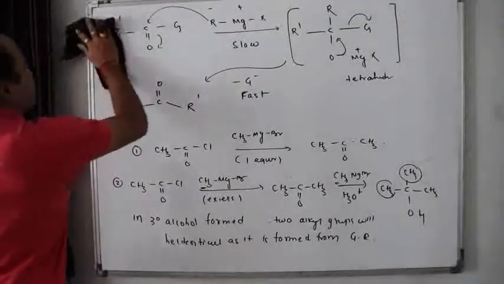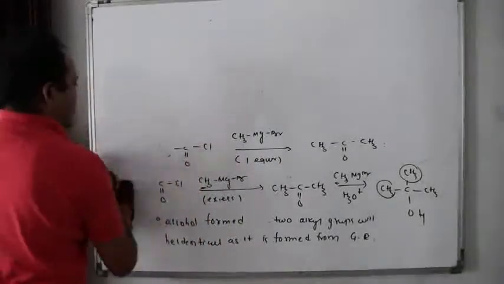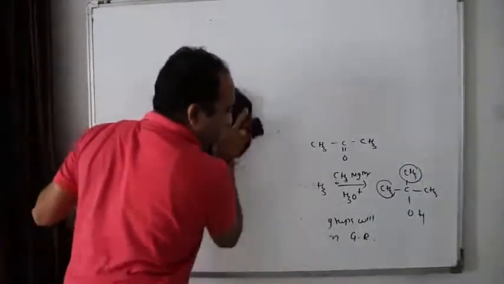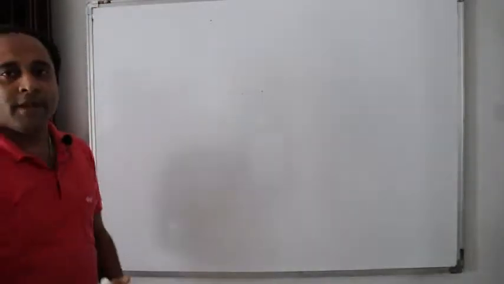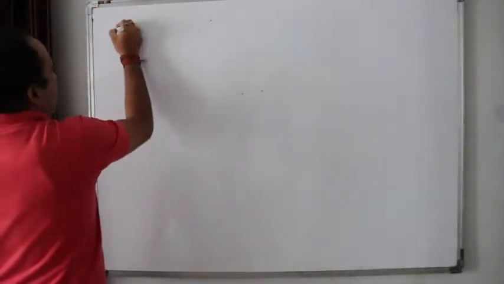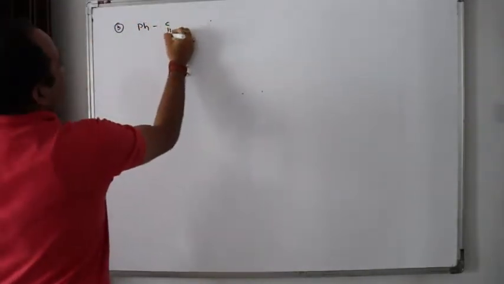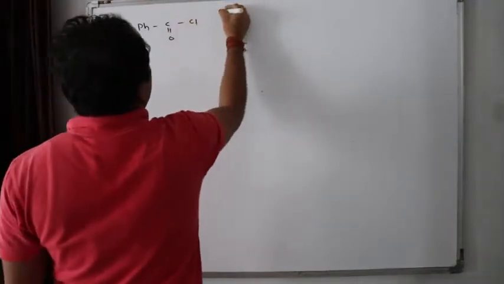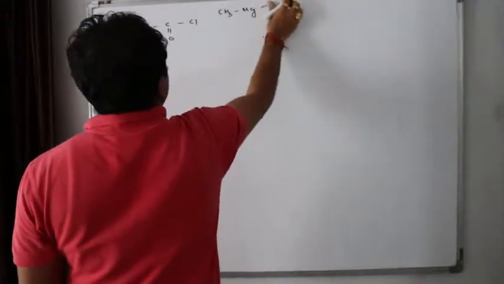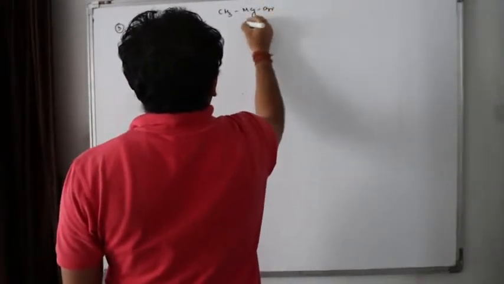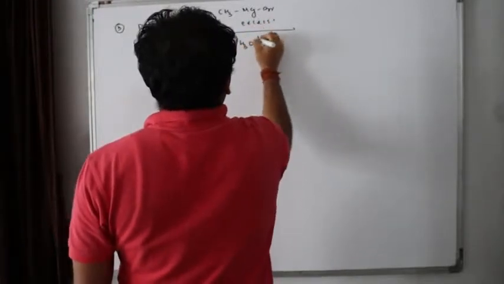Can I have the board? Listen carefully. One more question. Tell me quickly, okay? Third question. If I put here PhC double bond OCl with CH3MgBr in excess followed by hydrolysis.